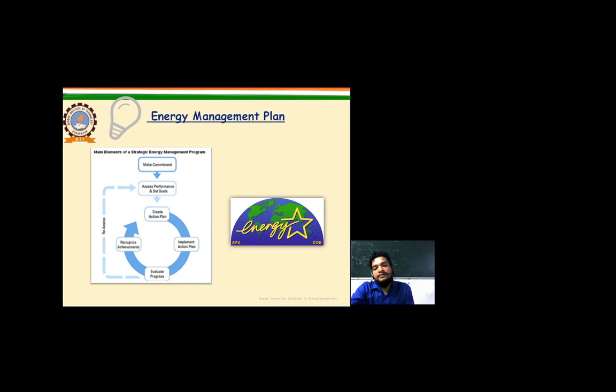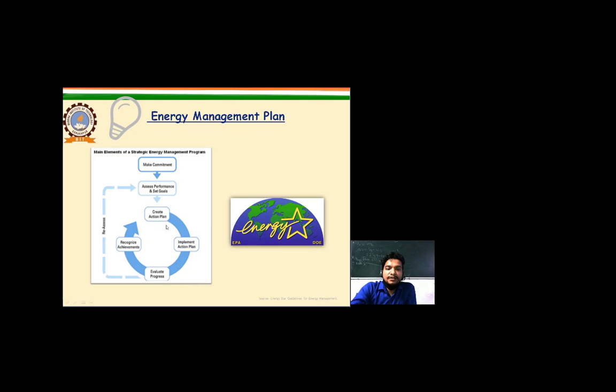When the evaluation progress is done, it recognizes the achievements, and if it reverts back to assess performance, it would be in the way to reassess. After the reassessment, the data would reach this block, which is related to assess performance, and then this cyclic process would run once again.